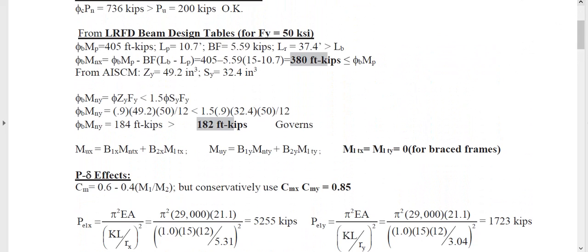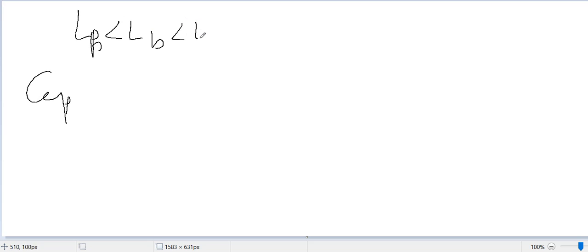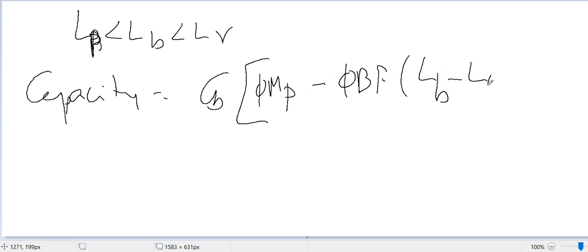Third thing is that in this equation they missed Cb here, a combined Cb. If I write the equation for this case, it was this. So capacity, if Lp is less than Lb, less than Lr, if this is the case, our capacity, we saw, is Cb times Mp minus BF times Lb minus Lp.